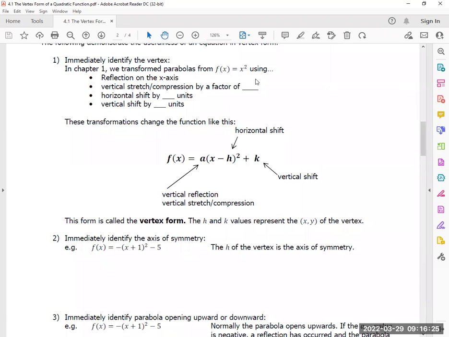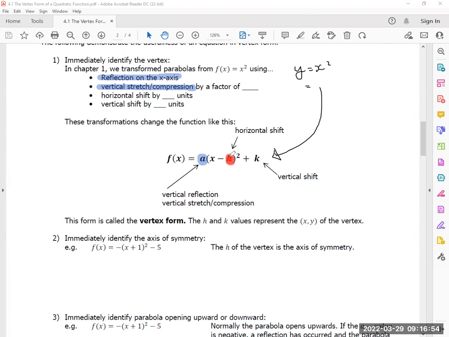If you remember, in chapter 1, we looked at how transformations can be performed on y equals x squared, right? That turned into this. We have, I guess I could color coordinate this, a reflection on the y-axis right here, as well as whether it's a vertical stretch or compression.